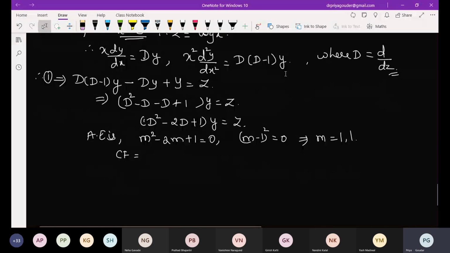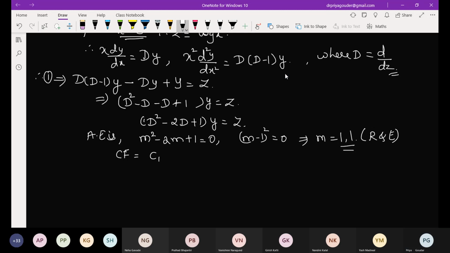Check, because in the exam, I can't come and help you even if I want to. Okay, now 1 and 1. Which type of roots? Real and equal. How to write it for 1 and 1 then? C1 plus C2 x into e raised to x. Very bad, you forgot one thing.